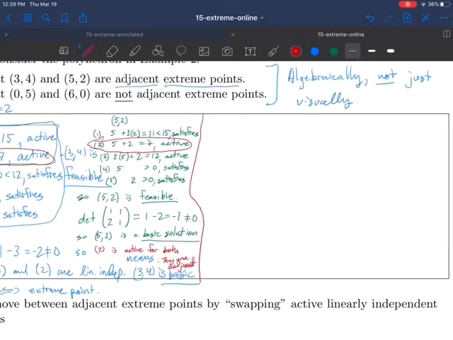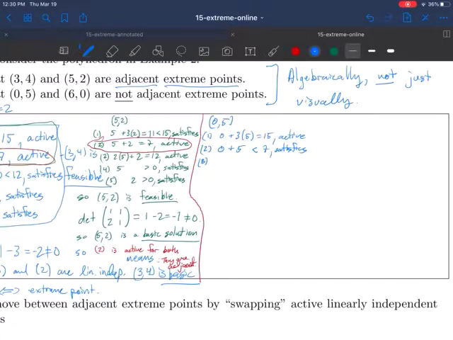All right, so let's do the same thing for (0, 5) and (6, 0). So for (0, 5), let's make that blue. Again, I'm just going to go through all the constraints. Constraint 1 is 0 plus 3 times 5 equals 15, so that's active. Constraint 2: 0 plus 5, strictly less than 7, satisfies.